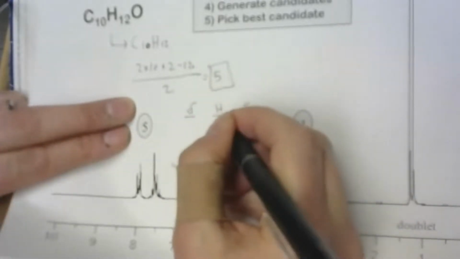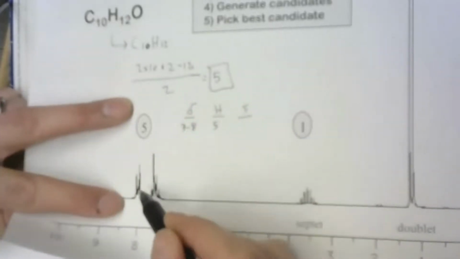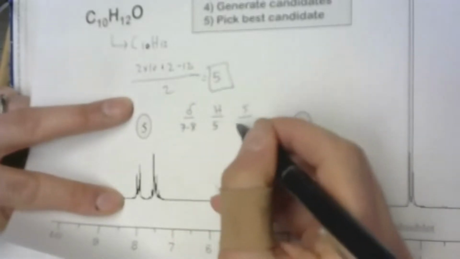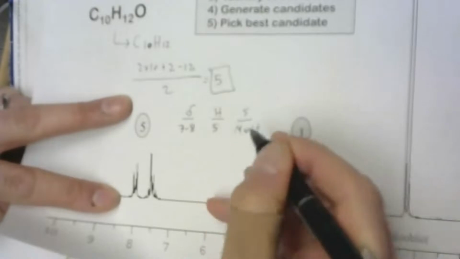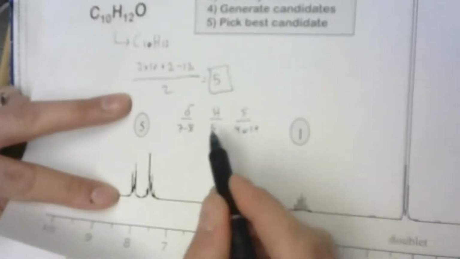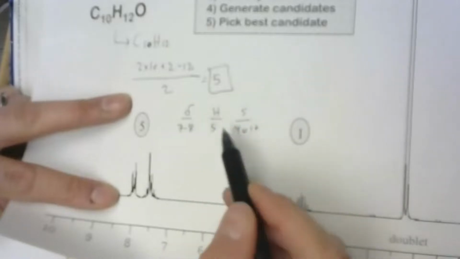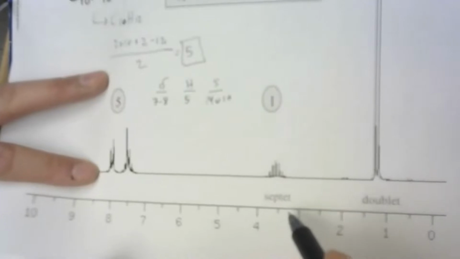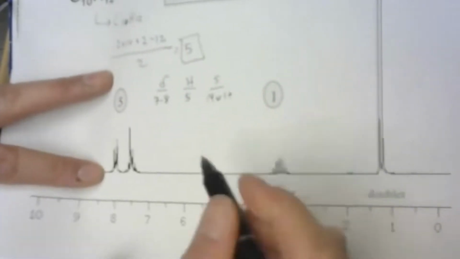I am just going to say 5, and I'm going to say 7 to 8. I'm not going to interpret this mess. I'm just going to say 7 to 8 mess, mult. Mult means kind of like a default. It's just a mess of stuff. I can't interpret it. It doesn't matter because we'll know what it is in a second. What's this? Septet. Where is it? 3 point what? 3.5, right?